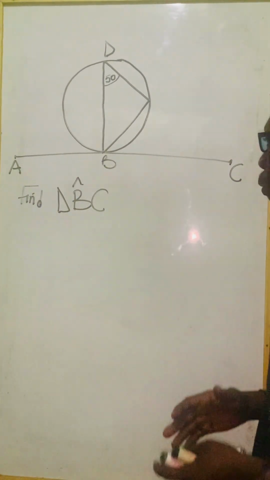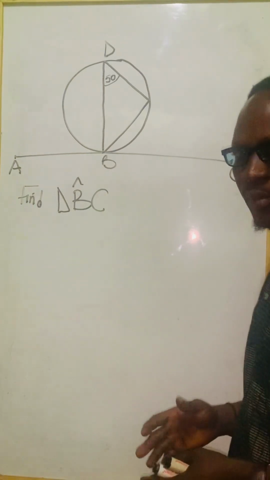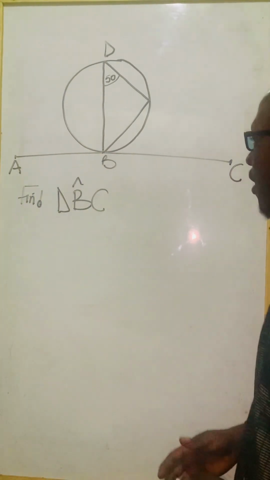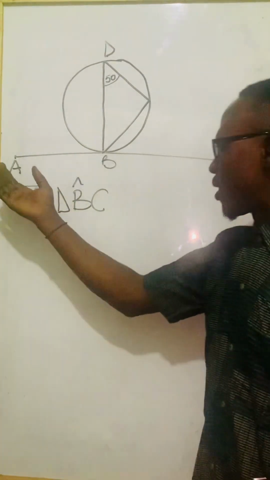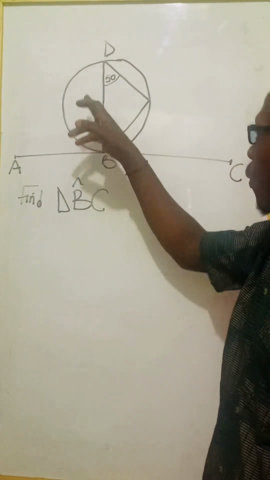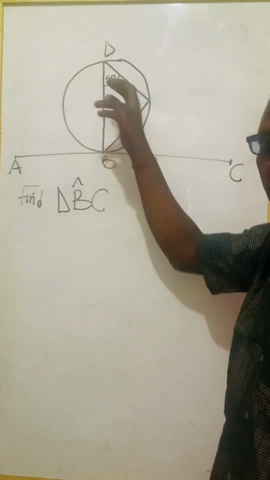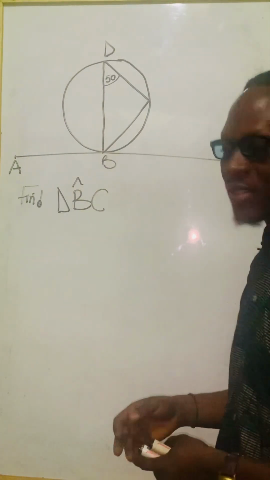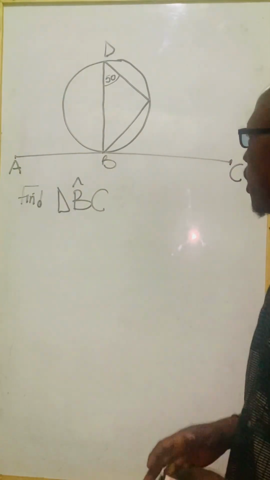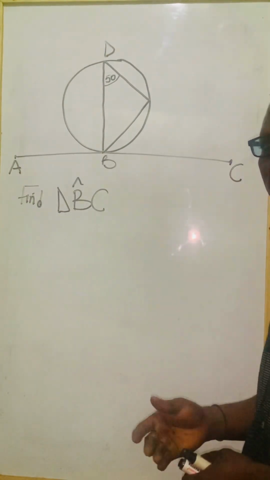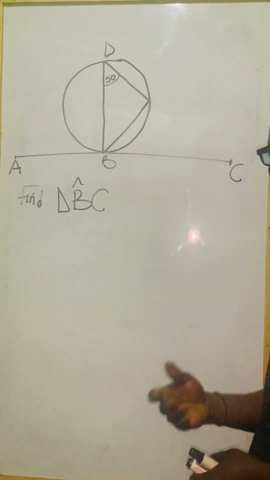Working with circle theorem, there are so many things that we need to put into perspective. Having A, B, C, and D here, and with an angle labeled 50, we have a case to work with. We need to employ all the principles governing circle theorem.